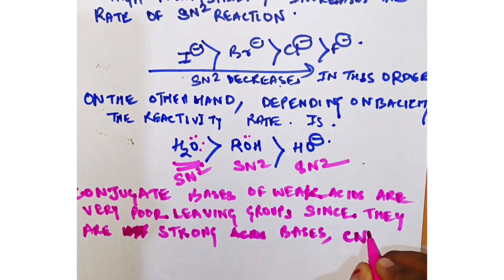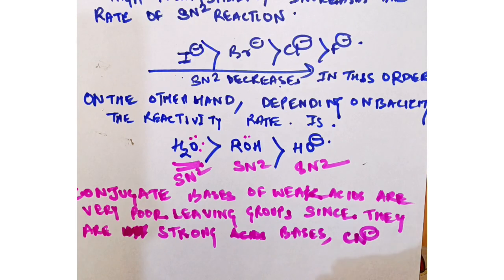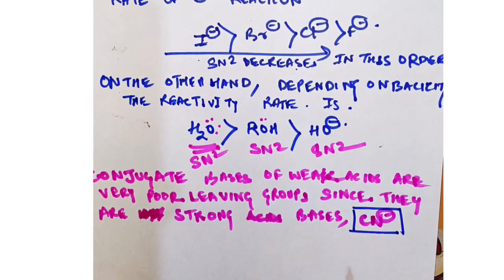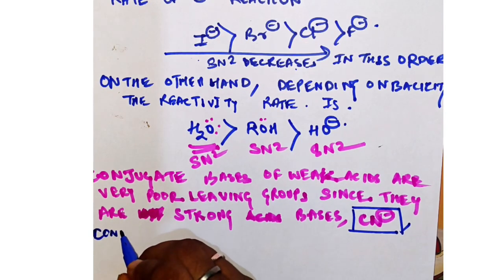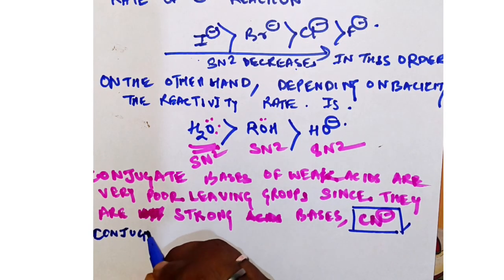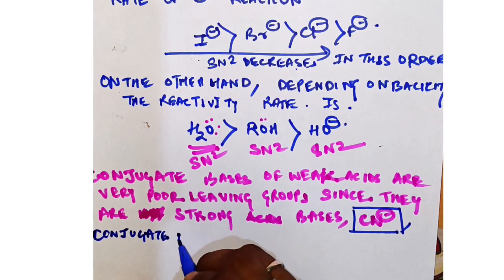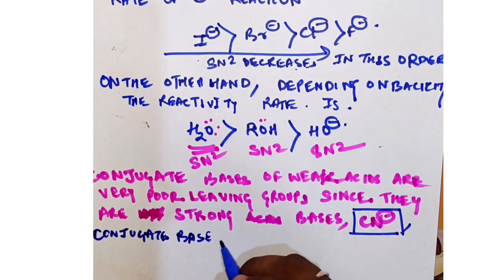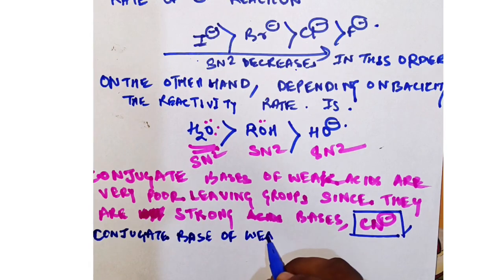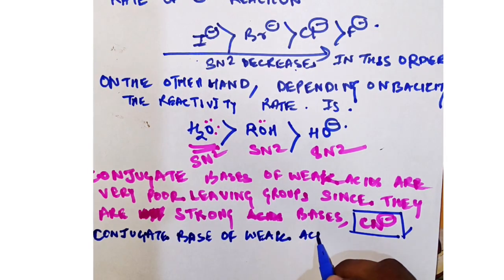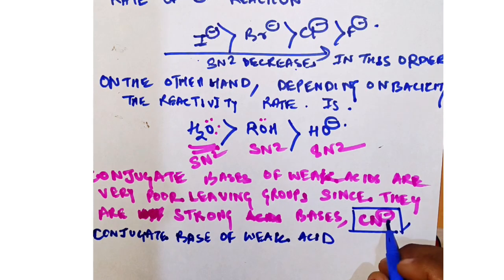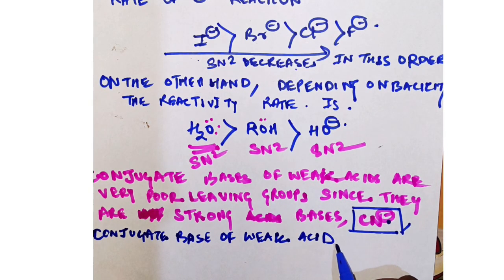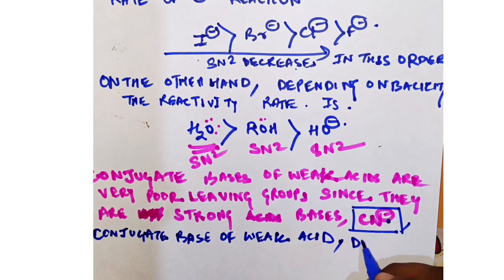Whereas CN minus, cyanide, is the conjugate base of a weak acid. HCN is a weak acid, so its conjugate base is a conjugate base of the weak acid, and hence does not act as a leaving group.